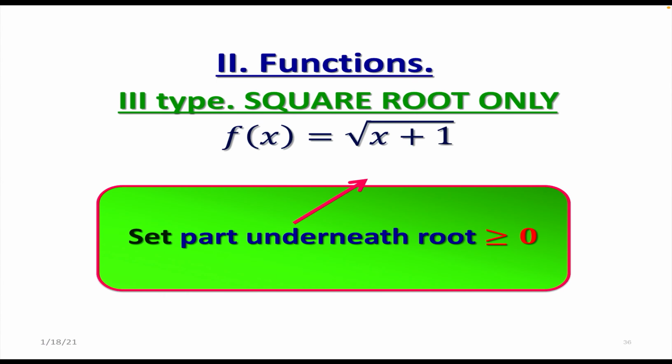Let's move on. The third type is when you are given a square root only, something like f of x equals square root of x plus 1. In order to find the domain for this type of function, all you want to do is take the underneath expression, the radicand, and set it greater than or equal to 0.